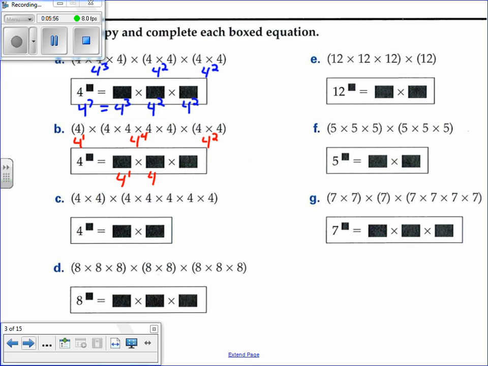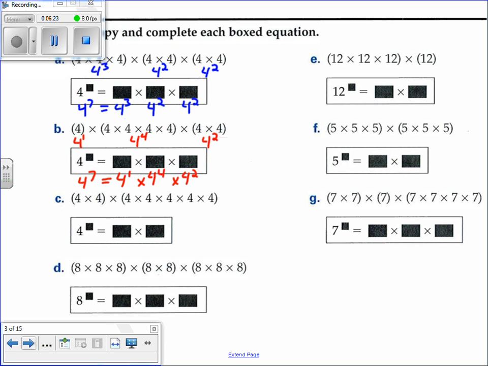So 4 to the first, 4 to the fourth, and 4 to the second. Now to get what that equals all together, I am just going to add up my exponents. So 1 plus 4 plus 2, that is 7 again. So it's 4 to the 7th is going to equal 4 to the first times 4 to the fourth times 4 to the second.